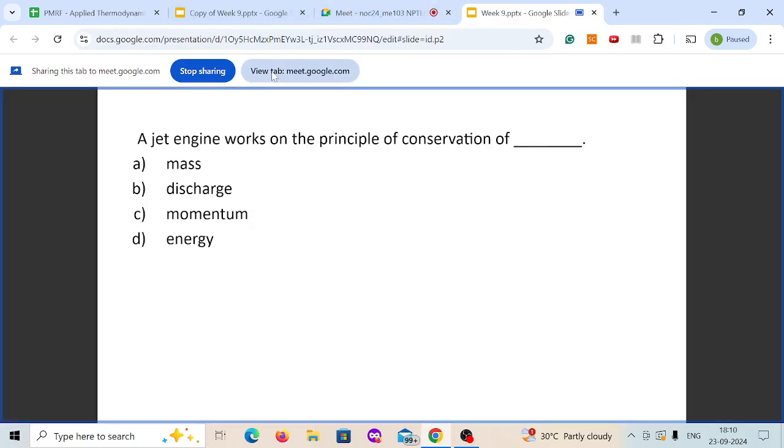So a jet engine works on the principle of conservation of momentum. The answer is option C, momentum.